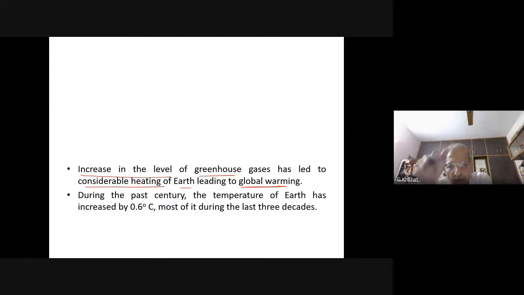Now, if it is around plus or minus 15 degrees centigrade or 20 degrees centigrade, it is because of these greenhouse gases. During the past century, the temperature of Earth has increased by 0.6 degrees centigrade, most of it during the last 3 decades. You know, now summer is very hot. Not only summer, even during other times also, we find this warmness at different seasons of the year.